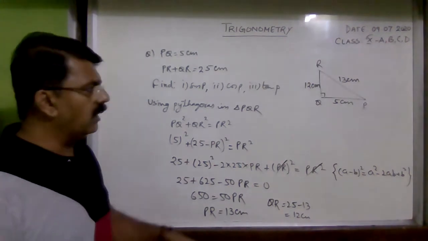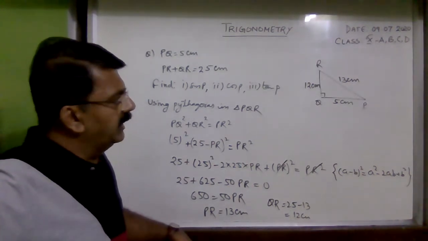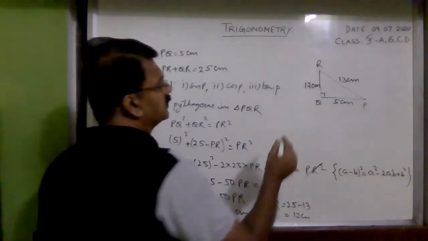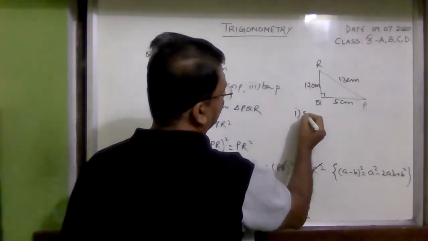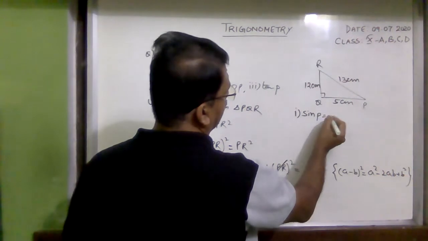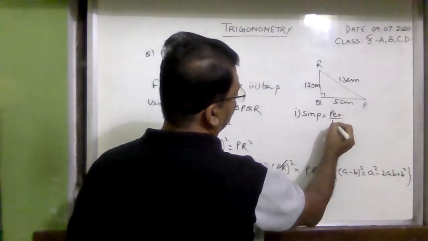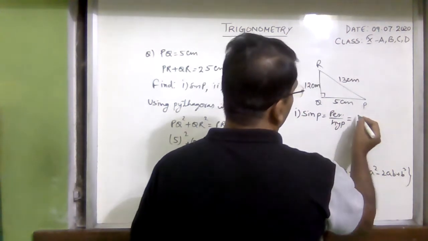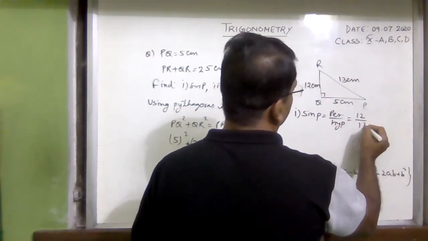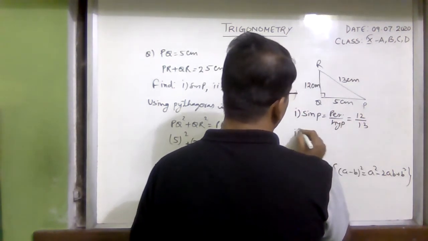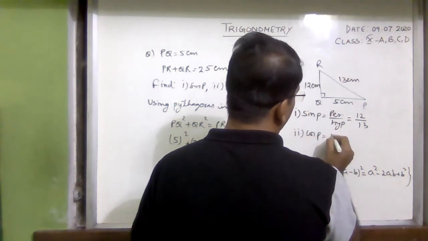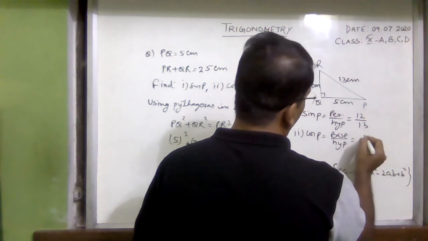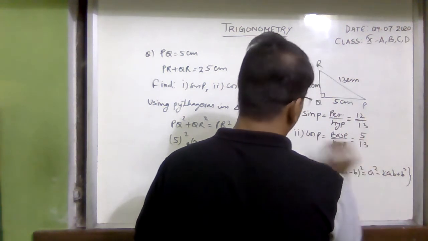Clear? Now, when we know all the three sides of the triangle, it's very easy to write down the values of sin P, cos P and tan P, because sin P is perpendicular upon hypotenuse, and perpendicular upon hypotenuse means 12 upon 13. Similarly, cos P is base upon hypotenuse, and base upon hypotenuse means 5 by 13.